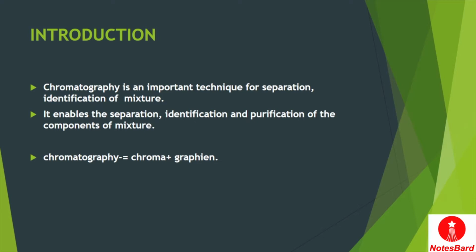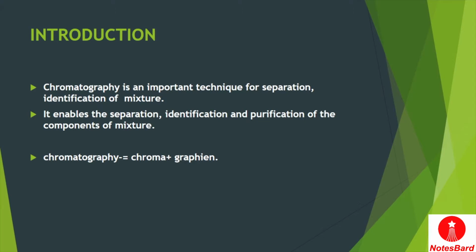Before moving to the thin layer chromatography method, let's first understand what chromatography is. Basically, chromatography is defined as an important technique which is used for the separation, identification and purification of a mixture. The word chromatography is made up of two Greek words, chroma and graphein.